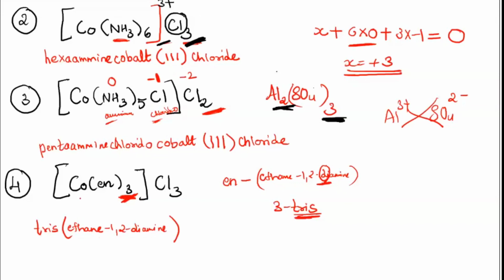Now go for calculating the oxidation state of the cobalt. Ethane 1,2-diamine is a neutral ligand, correct? So this whole thing will not contribute any charge, so it will be 0. Who is giving us the charge? The chloride. 3 chloride is there, so 3 into -1, that is -3, is equal to 0. This -3 will go that side, so plus 3. So I'm not doing any calculation, directly seeing the compound, you are identifying.